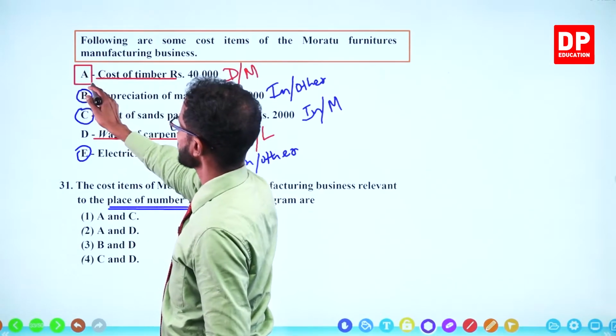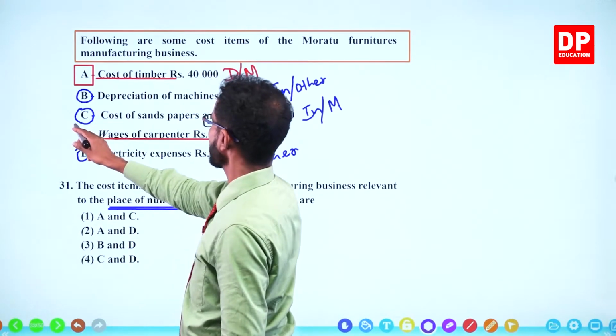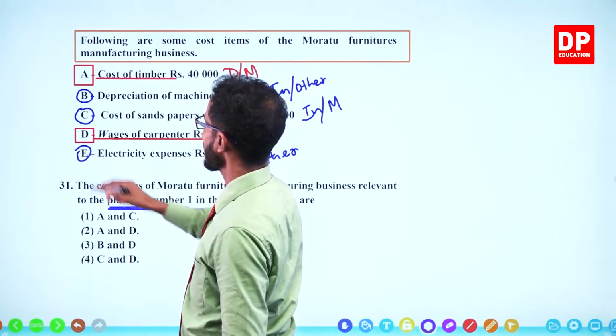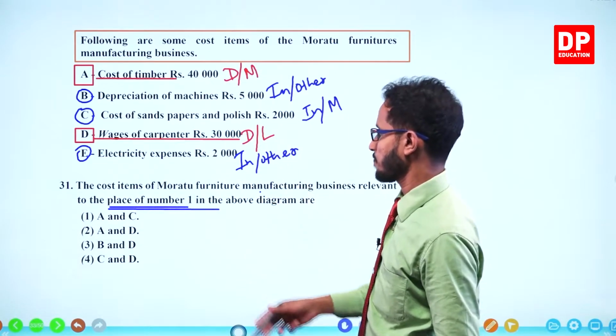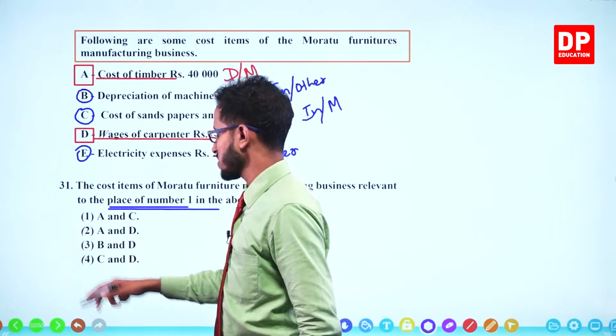We have 2 items, the direct material cost and the direct labor cost, A and D. Here you go, see the answer.